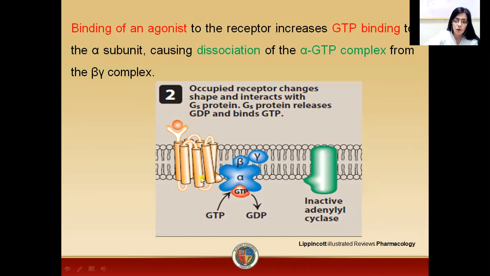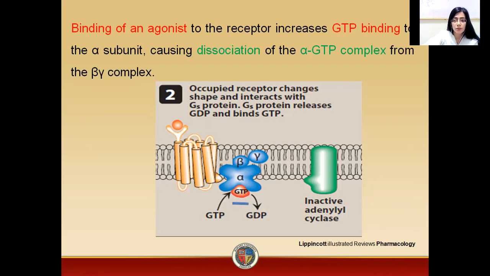As a result of this activation, there is a link formed between this G protein and this receptor.